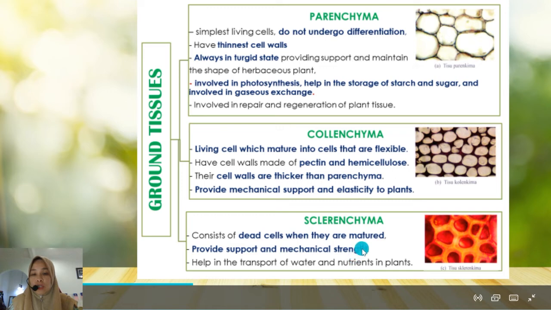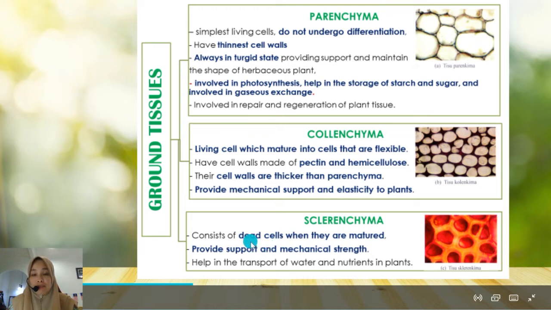As we can see from the diagram here, the cell wall of the sclerenchyma tissue is thickest and a little bit rigid, so it will provide support and mechanical strength to the plants. We have to know that sclerenchyma is a dead cell, not a living cell.